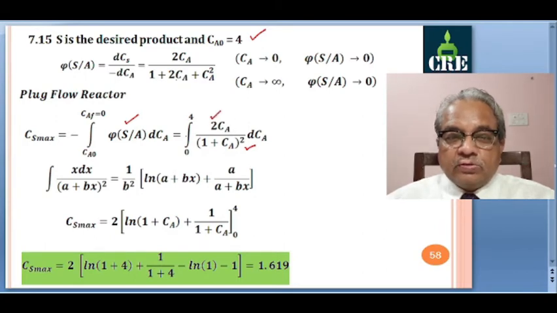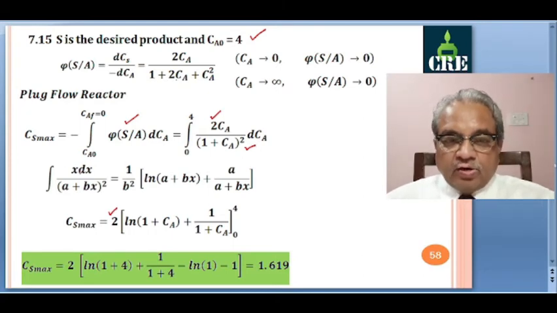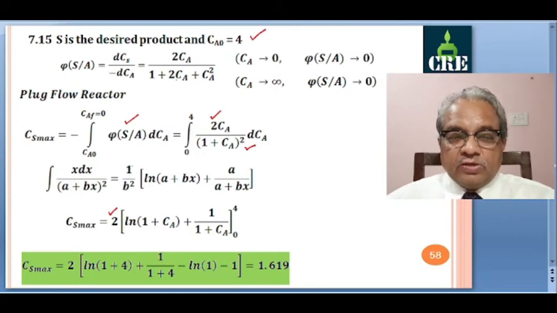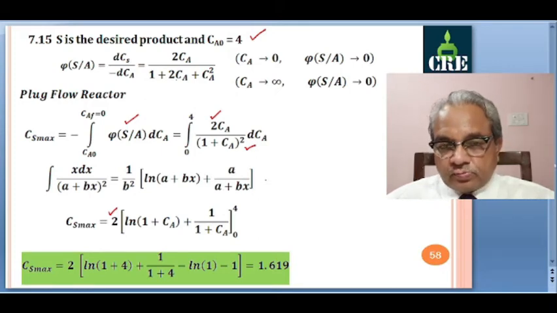This 2 constant we can take outside the integral sign, and the remaining integral is CA by 1 plus CA square. So it is nothing but integral x dx by a plus bx whole square. If this kind of form is there, then the analytical solution is 1 by b square into bracket ln of a plus bx plus a by a plus bx.